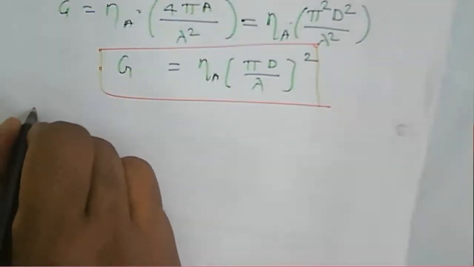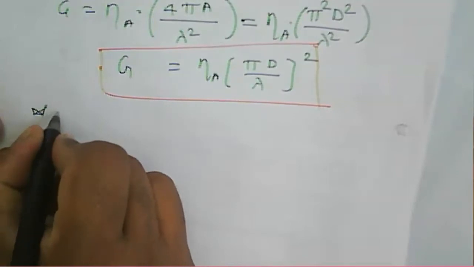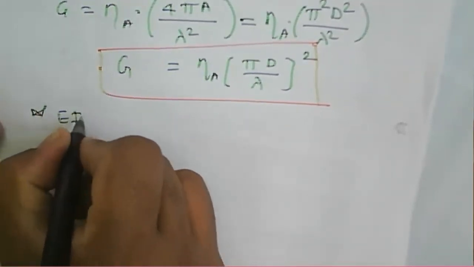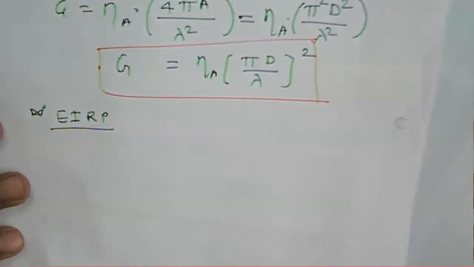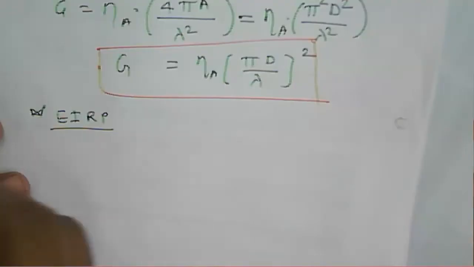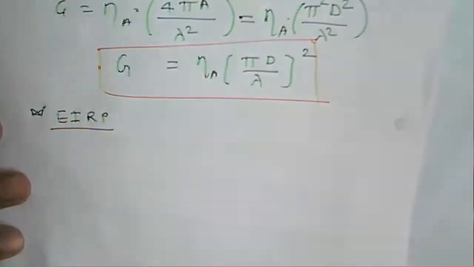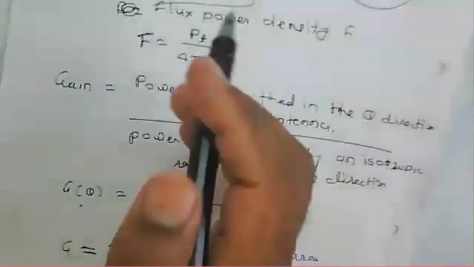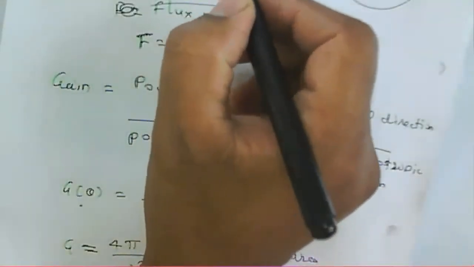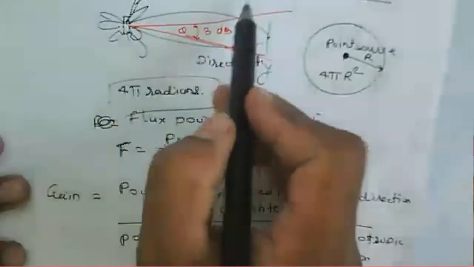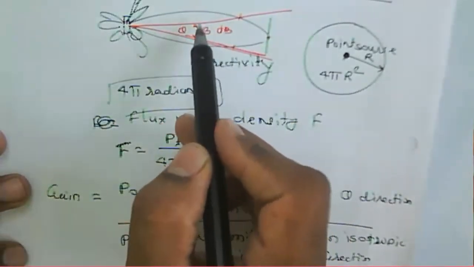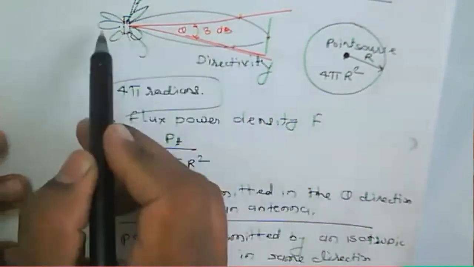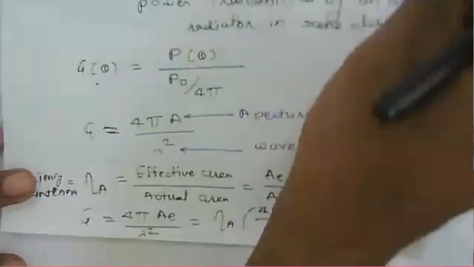Next, we should know what the effective isotropic radiated power, EIRP, is. It means radiated power. We can say it is the power radiated by an antenna in a given direction.